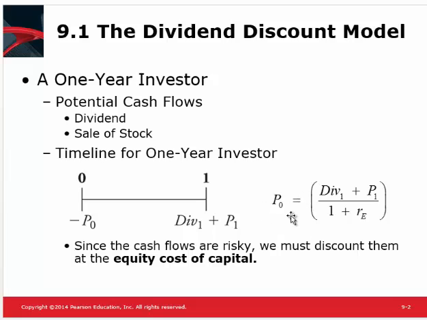So again, if you think of our basic formula as a time value question, the current price, P sub 0, should be equal to the cash flows over the time period for 1 year. And it's a time value question, so the required return is the equity cost of capital. So this equity cost of capital is the required rate of return on the investment. So we need to solve for that.